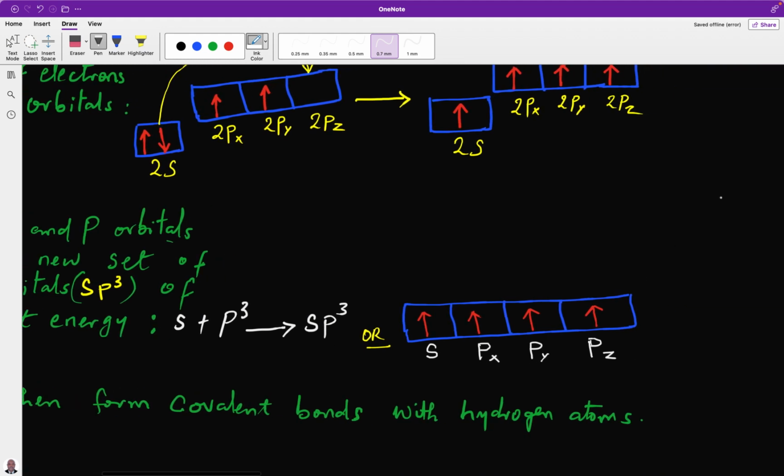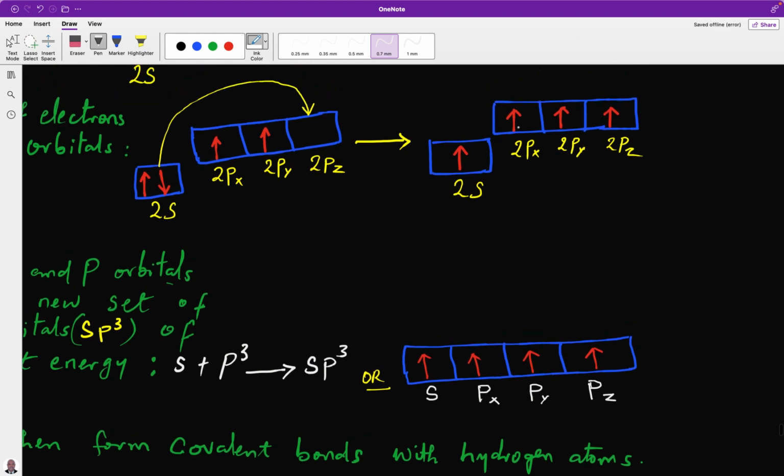So this is the s orbital, we have 1 electron, and this is the p orbital that has 3 electrons. So the s has 1 electron and the p has 3 electrons, all together giving us an sp3 orbital. Or you can put it like this, in electron in orbitals: this is the s and the px, py, and pz.